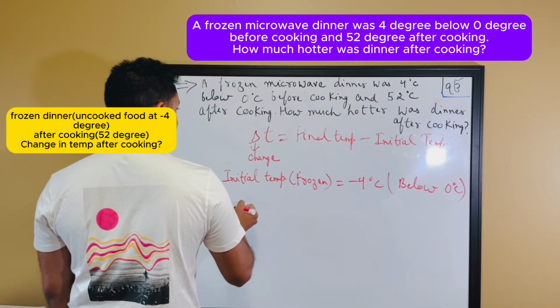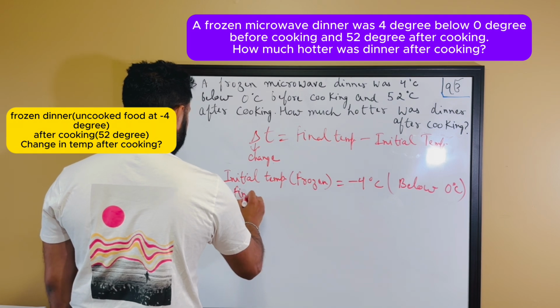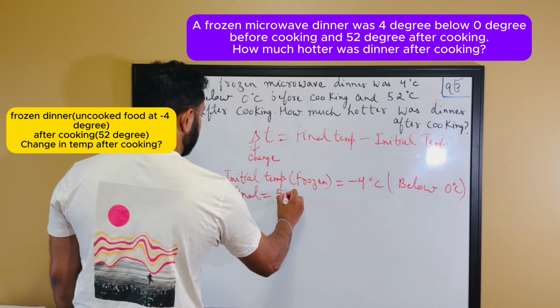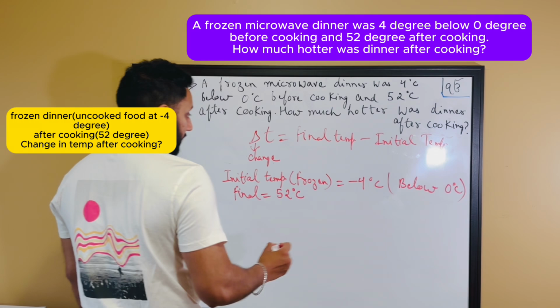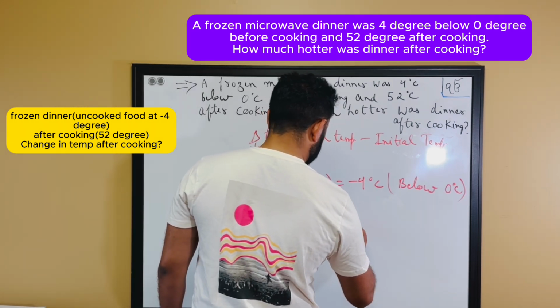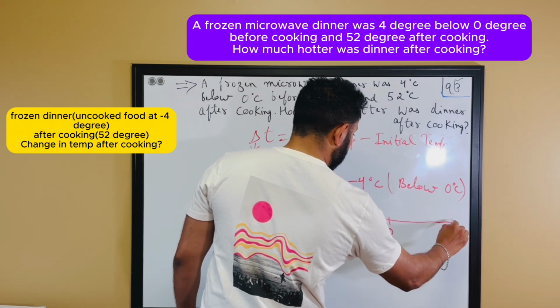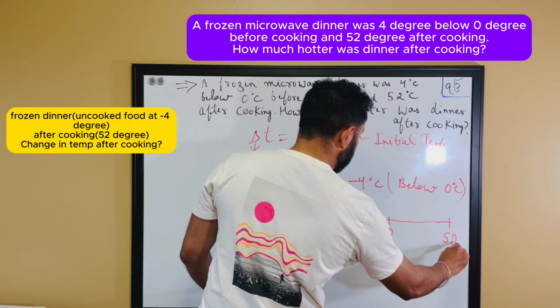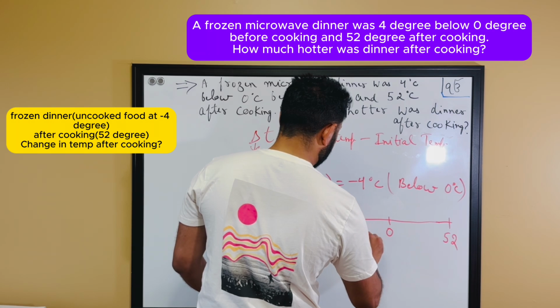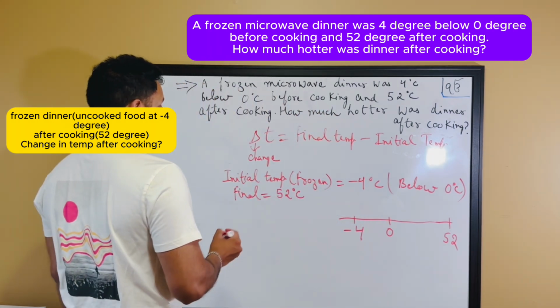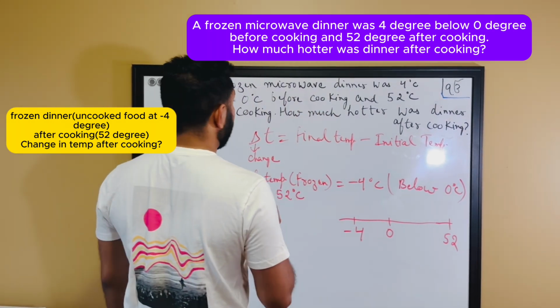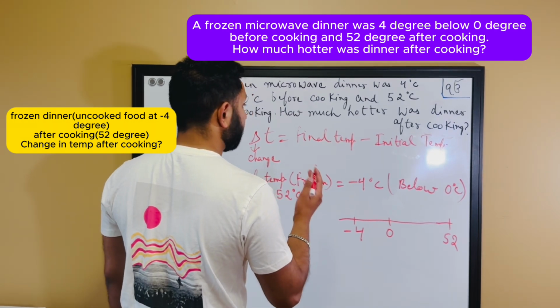And our final temperature is 52 degrees Celsius. So if this is 0 degrees and this is 52, below 0 will be -4. What we need to find out is how much hotter the dinner was after cooking.